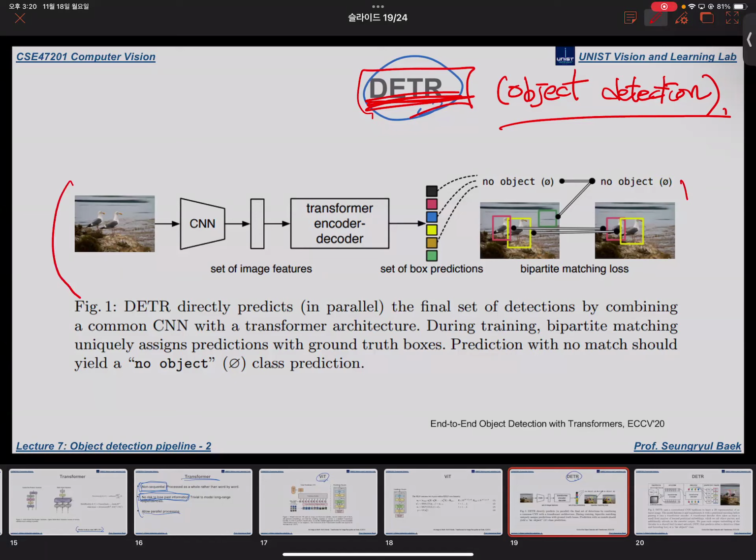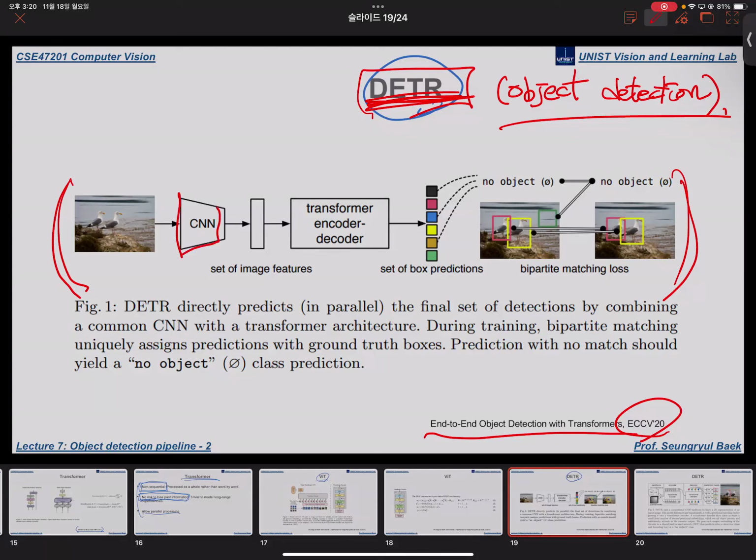And this is a simple figure for explaining DETR. When you read this paper, ECCV 2020, End-to-End Object Detection with Transformers, you can see this kind of architecture.